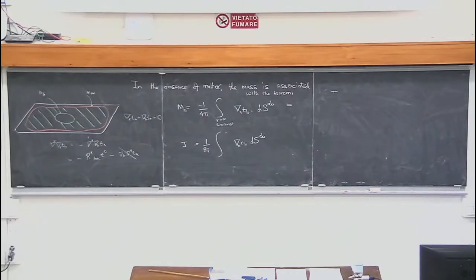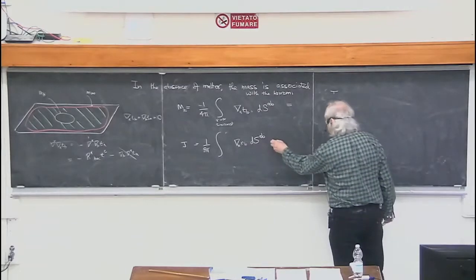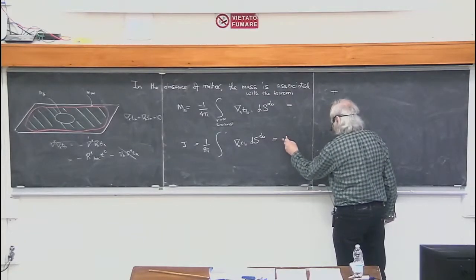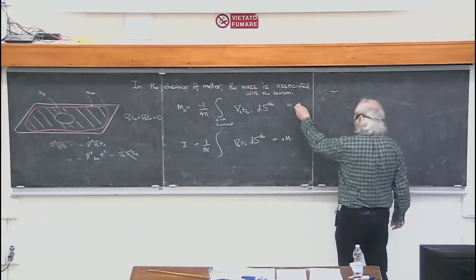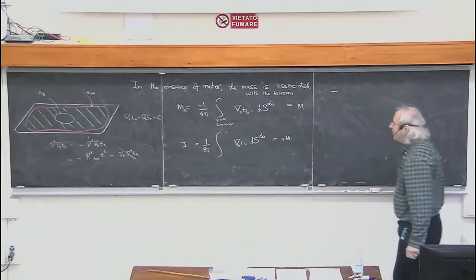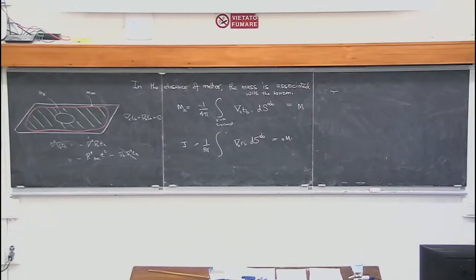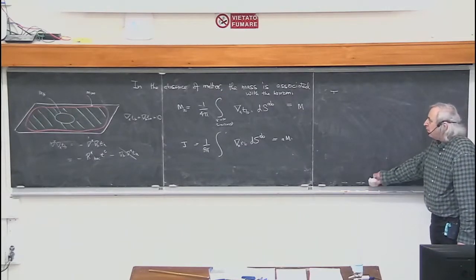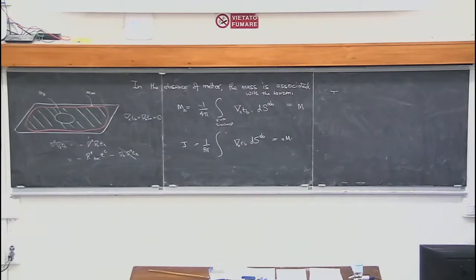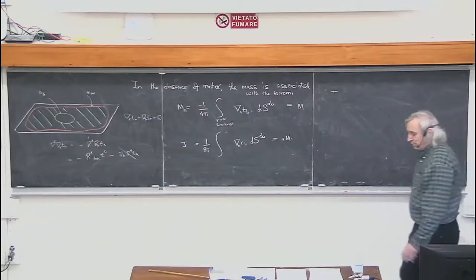If you evaluate this last object for the Kerr-Newman metric, you will discover this is equal to A times M. And if you evaluate this for the Kerr-Newman metric, you will get M. So that's how you define a mass and an angular momentum for the black hole. They're simply physical quantities that are associated with it.